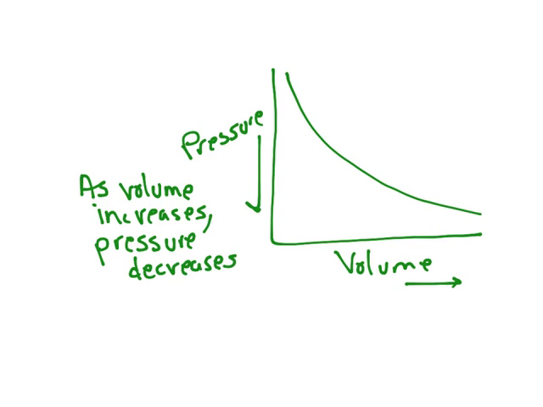So the pressure is dropping. So when you're talking about those kinds of relationships, always start with your x value in your statement, and then talk about what does the y value do in response to that.